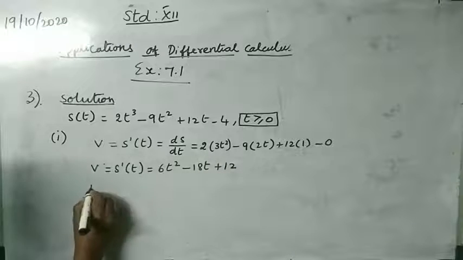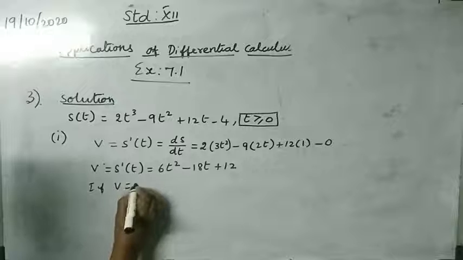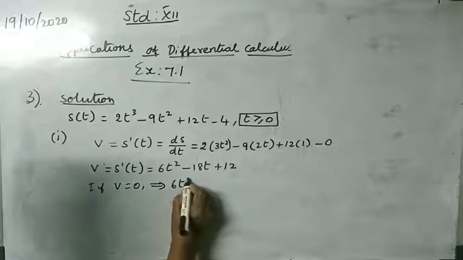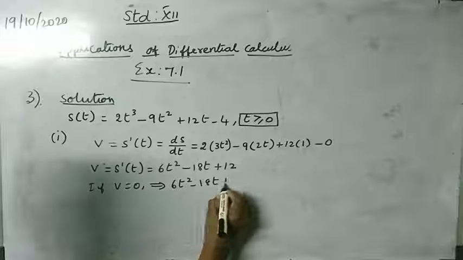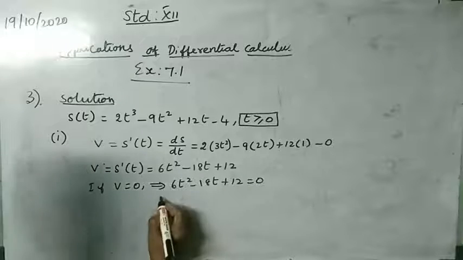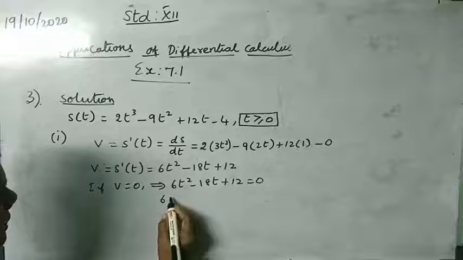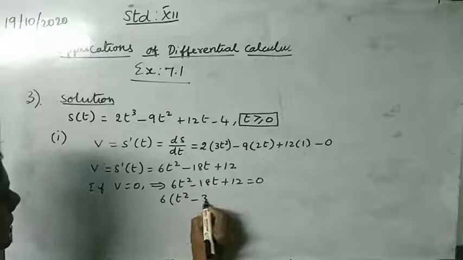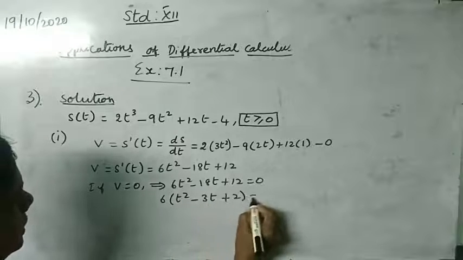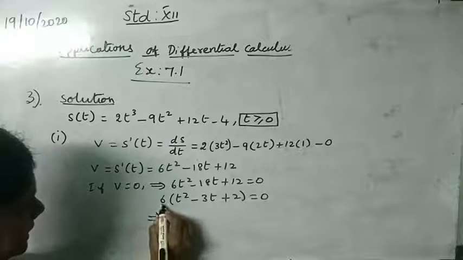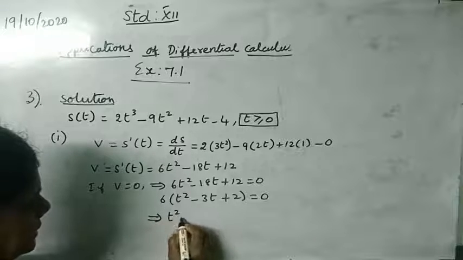If velocity is equal to 0, which implies 6t square minus 18t plus 12 equal to 0. There is a common number 6, so take the common number out. So the equation becomes t square minus 3t plus 2 equal to 0. This is a quadratic equation.